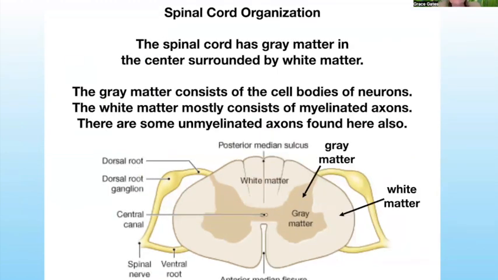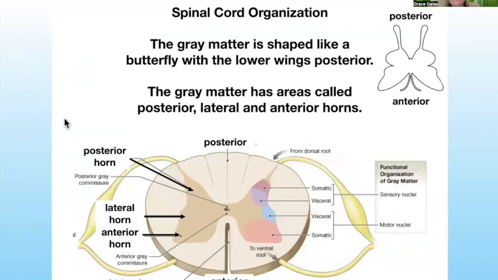So the spinal cord has gray matter in the center surrounded by white matter. The gray matter consists of the cell bodies of neurons. The white matter mostly consists of myelinated axons, although there are some unmyelinated axons in the white matter also. The gray matter is shaped like a butterfly with the lower wings posterior. The gray matter has areas called posterior, lateral, and anterior horns.